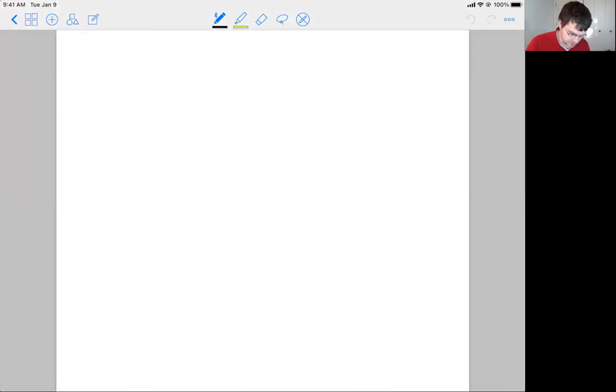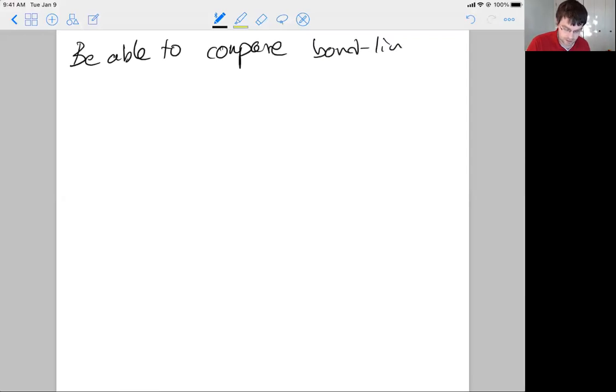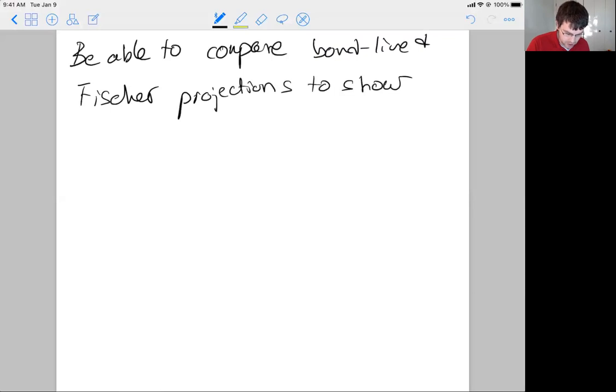What you need to be able to do is compare bond line and Fischer projections to show if they're the same, or to know if they're the same.